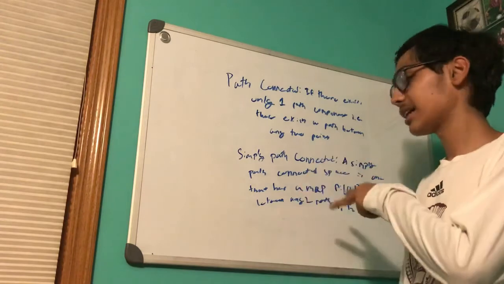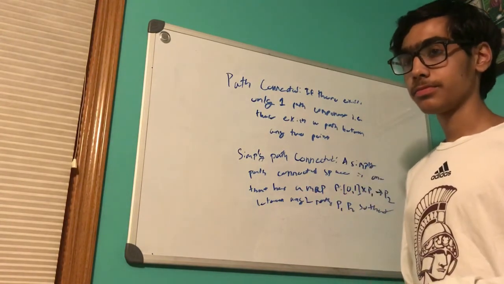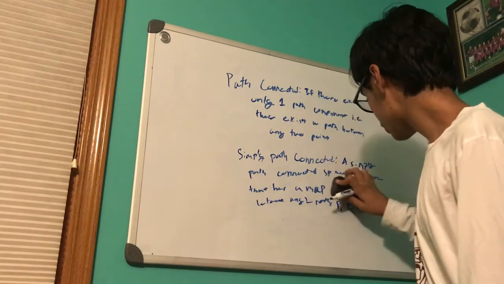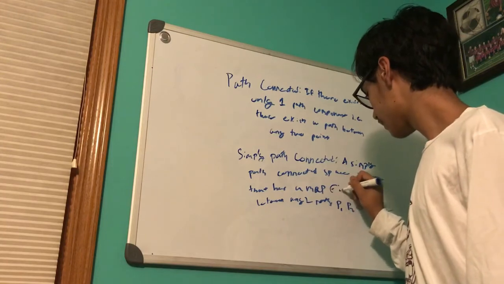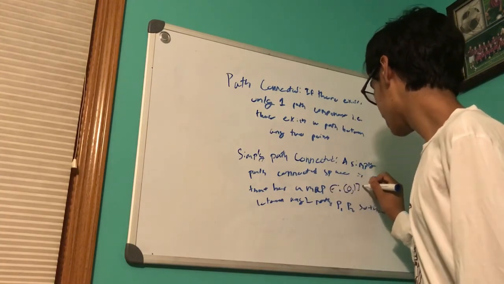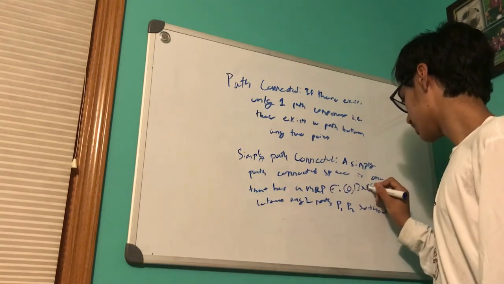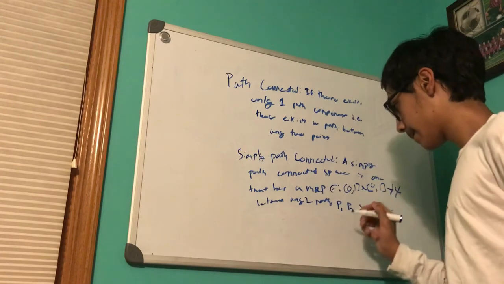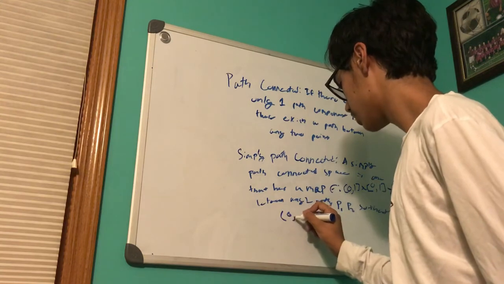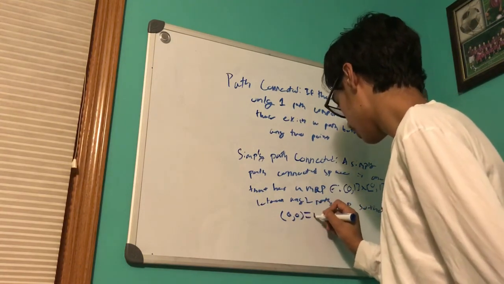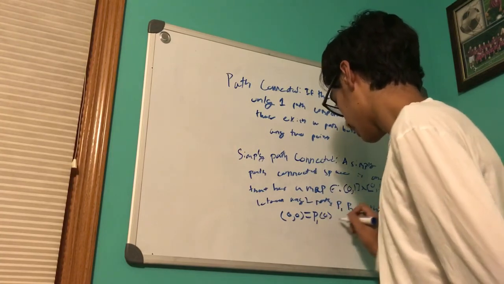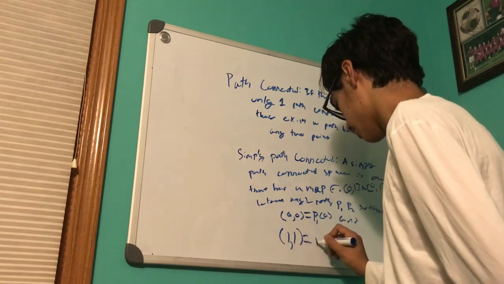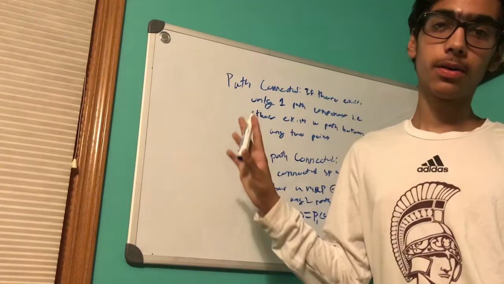Actually, one thing: the endpoints have to be preserved. So this actually should be something closer to maps from the unit interval by the unit interval into X, so that H(0, 0) is equal to P1(0), and H(1, 1) equal to P2(1), and all that fun stuff.